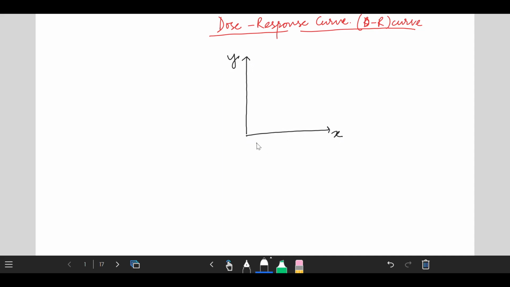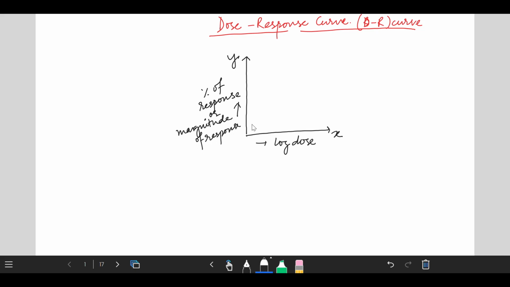We will write log dose on the x-axis and we will write the percentage of response on the y-axis, or we can write magnitude of response. Okay, now we will see a graph.